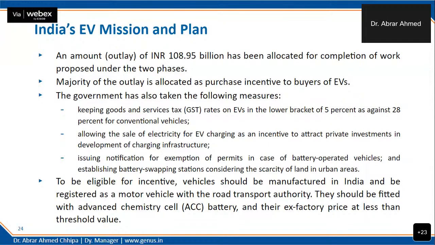The government has issued licenses to OEMs and some manufacturers to authorize them to manufacture EVs according to government standards, and they should provide a minimum warranty period on the battery and on the vehicle. Then only can you have the incentives from the government scheme.